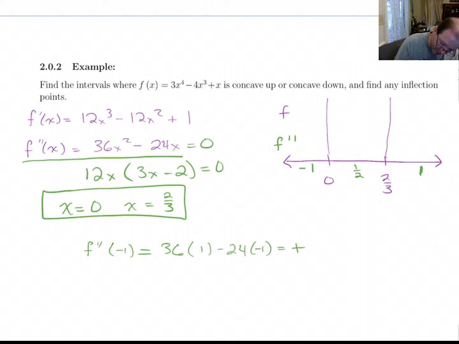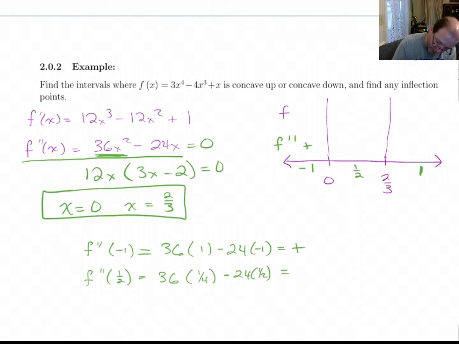That's a big positive number. F double prime of 1/2: 36 times 1/2 squared is 1/4, minus 24 times 1/2. So 36 over 4 is 9, minus 12, that's negative.